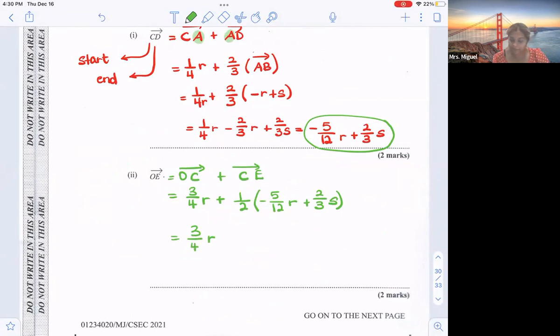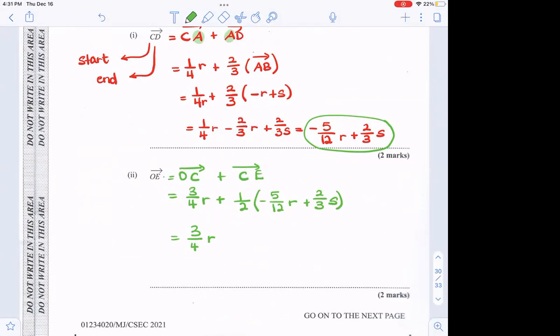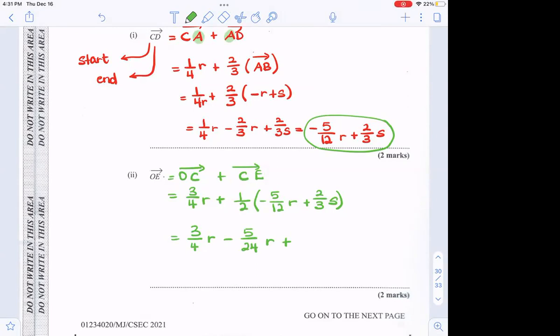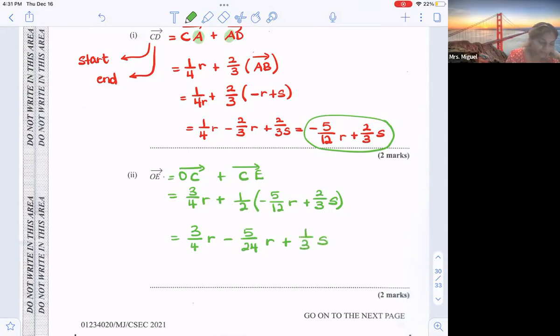A half multiplied by negative 5/12. Negative 5/24. Yes. Negative 5/24 R. And how much is a half multiplied by 2/3? 1/3. Yes, 1/3 S.